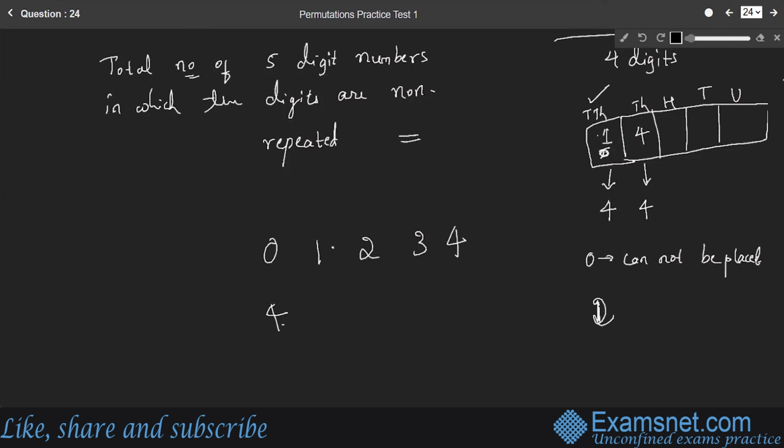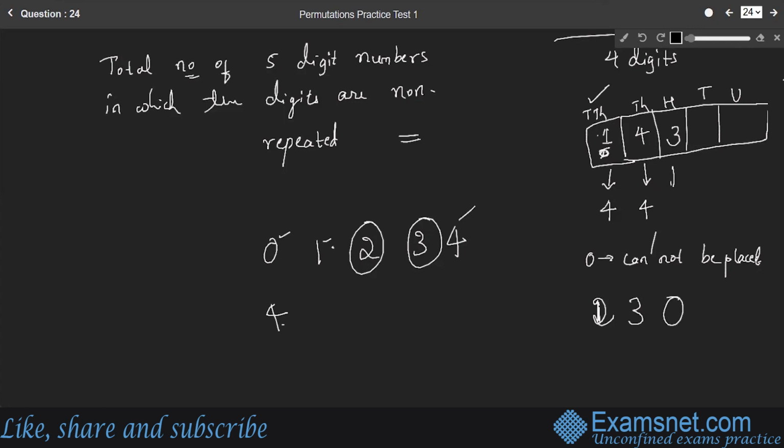And if one digit is already placed, for example, 3 is placed here, how many digits are left? So 0, 1 and 4, right? Therefore, 3 digits can be placed in hundreds place. Here, for example, we have placed 0 in hundreds place.